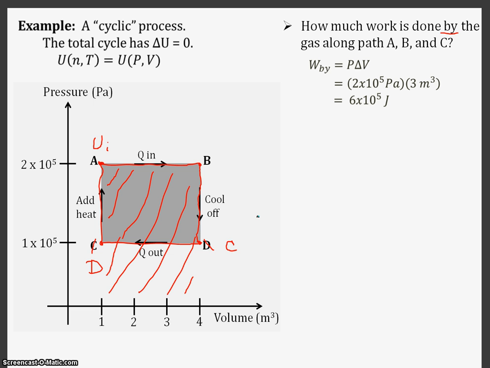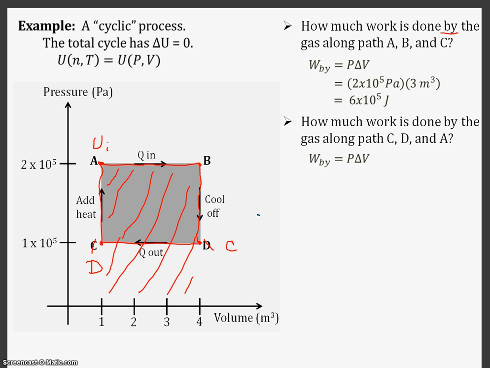Now, second question, how much work is done by the gas along path C, D, and A? Pause the tape and try to figure out what it is. Well again, P delta V is your work done by the gas. But in this case, the delta V is negative. It's going from a large V to a small V, so it's a compression. So the work done by the gas is going to end up being negative.